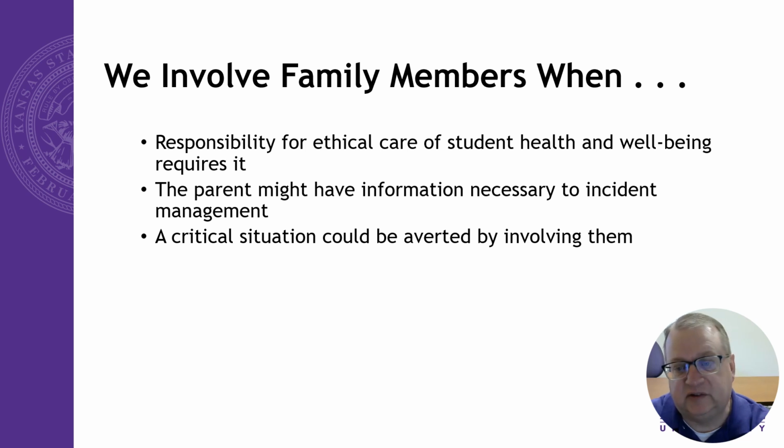They have information that might be necessary to manage that incident better, or getting them involved may help them get a better understanding of the severity of the situation. And so we really try to use the family members as assets to the process.